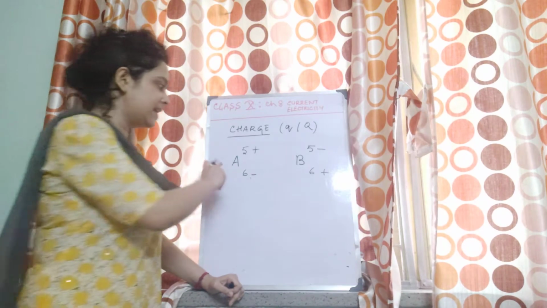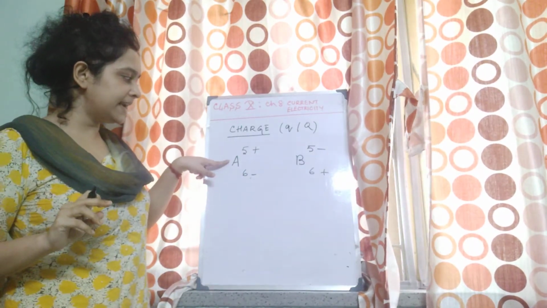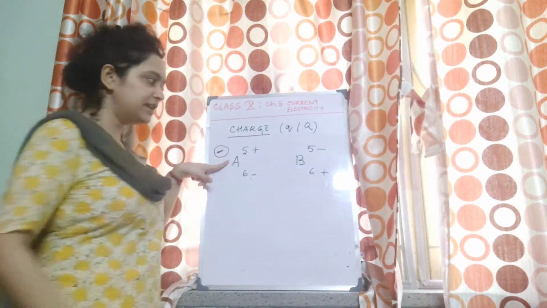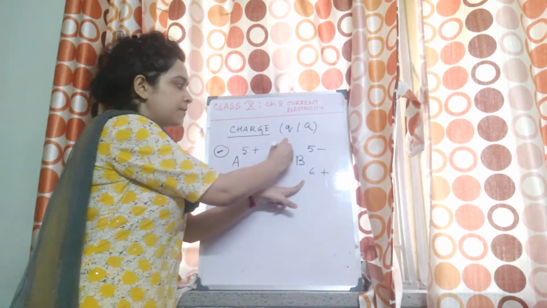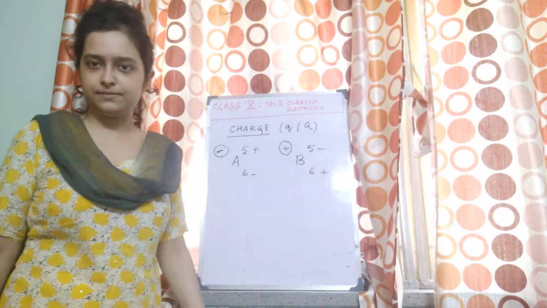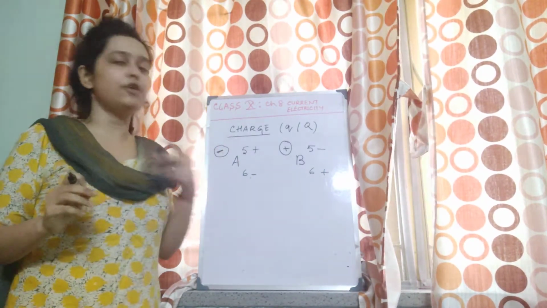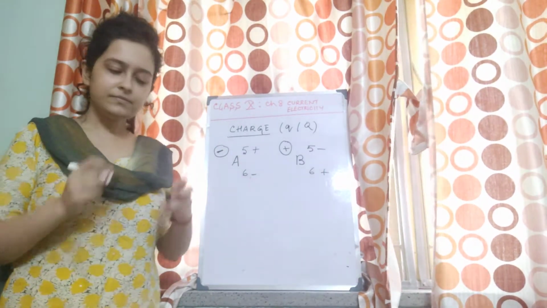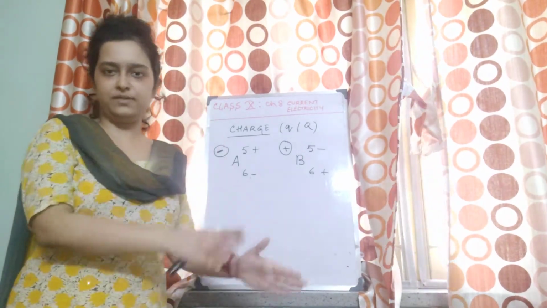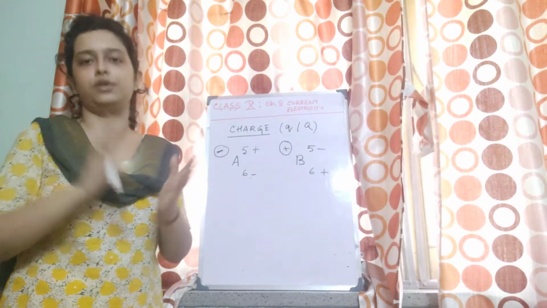Then can we say they are electrically neutral? No. What is the charge possessed by A now? Negative. A is negatively charged and B is positively charged because it has got a deficit of electrons. Less number of electrons, and A has got more number of electrons, isn't it?